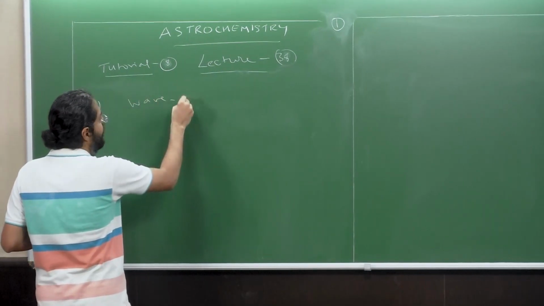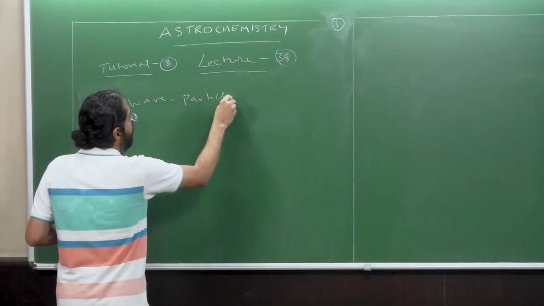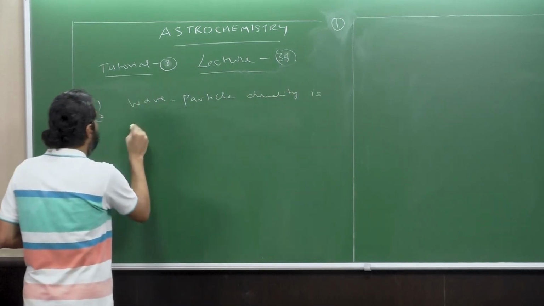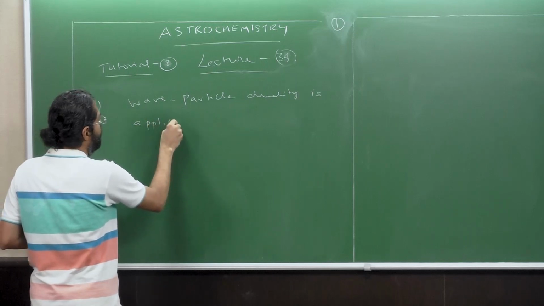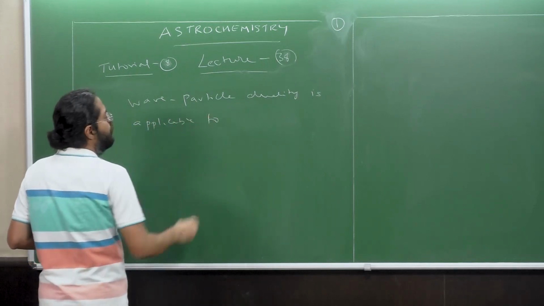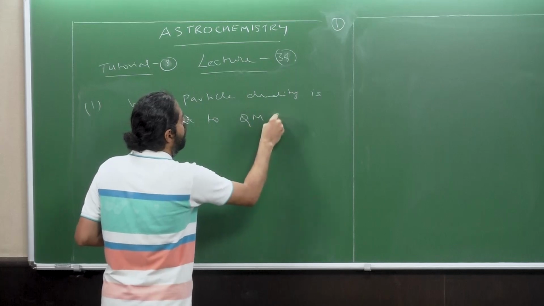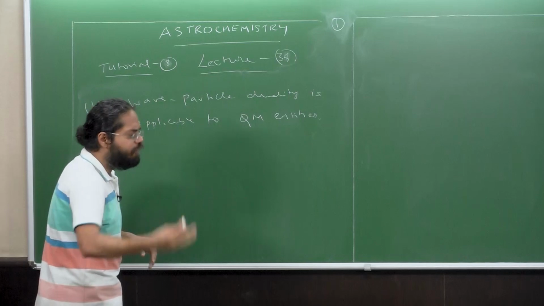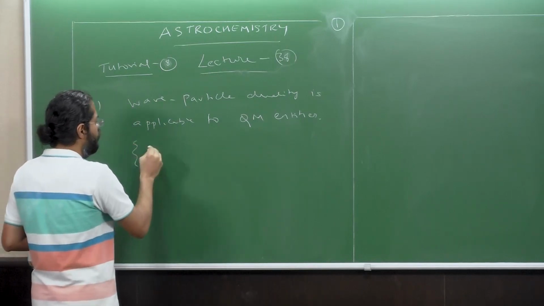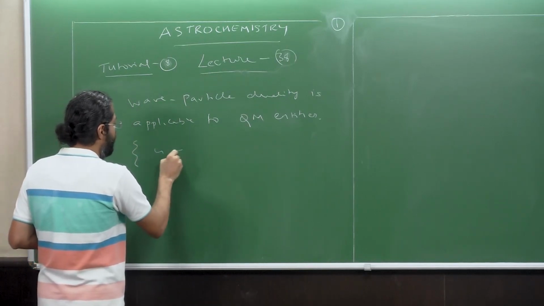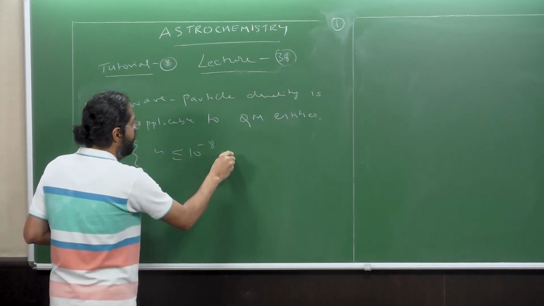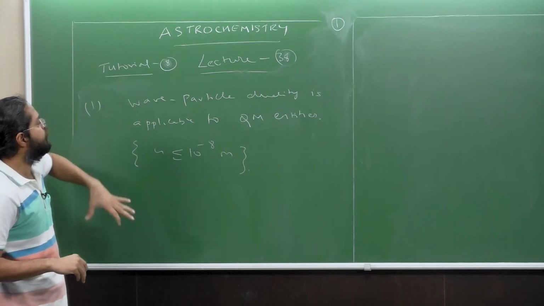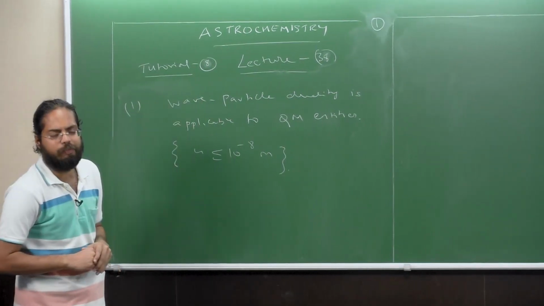So the statement I'm writing down: wave particle duality is applicable to quantum mechanical entities, and I roughly define these entities as those whose dimensions are of the order of less than or equal to 10 to the power minus 8 meters. Right? This is how I roughly defined the systems wherein wave particle duality is applicable.